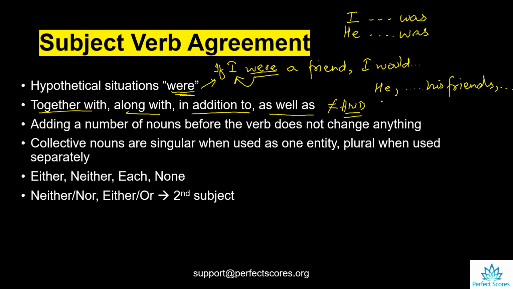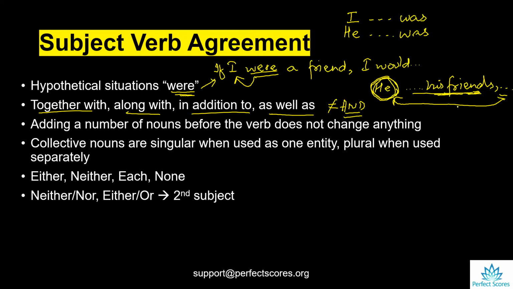So whenever you have these phrases, don't focus on these words. Focus on what comes before that. So whatever verb comes here needs to agree with the he, not with his friends. So he, together with his friends, is coming over. Or he, in addition to his friends, is coming over.